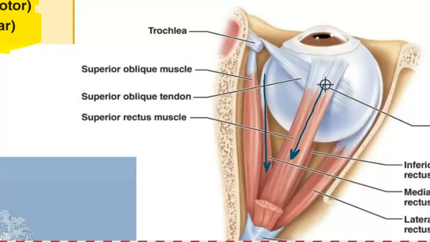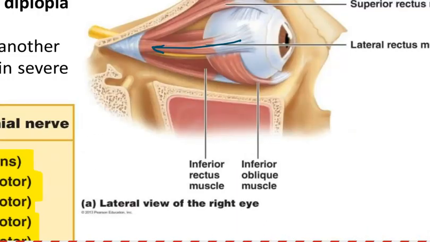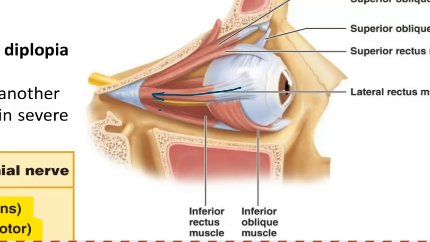When you play like a cross-eyed person, like this, that's medial rectus. And finally, in this image, you can see the inferior rectus. You pull on it, where does the eye look? Down.